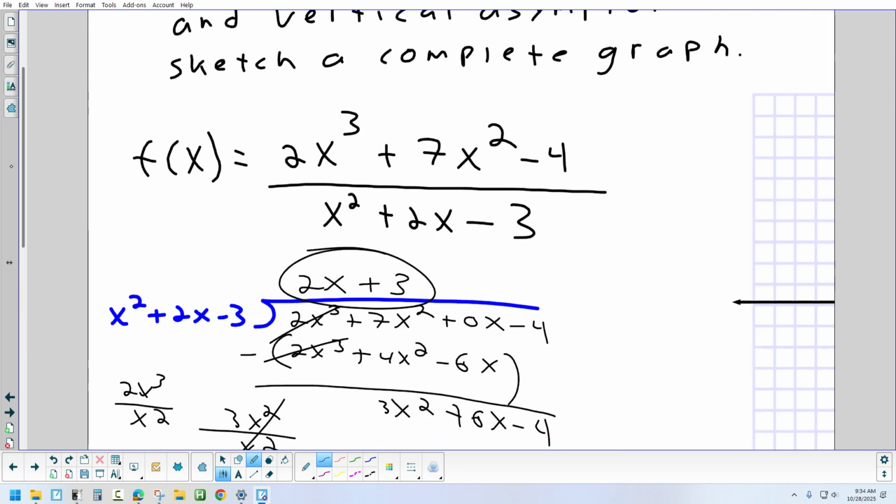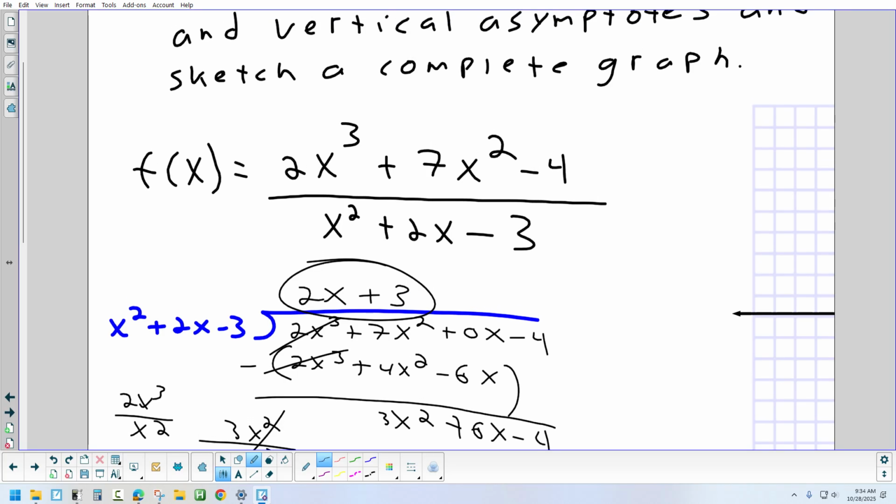And vertical asymptotes, we need to try to factor the denominator, x squared plus 2x minus 3. How would the denominator factor? Yep. It would be x plus 3, x minus 1. Let's check it.